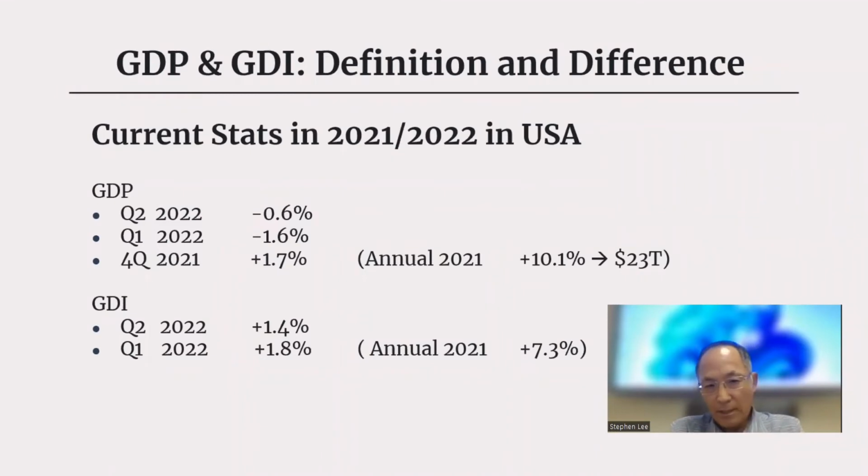It means it's not too bad. That's why one of the news items today or yesterday said the US economy is not doing that badly, okay, because the GDI is still positive compared to GDP.